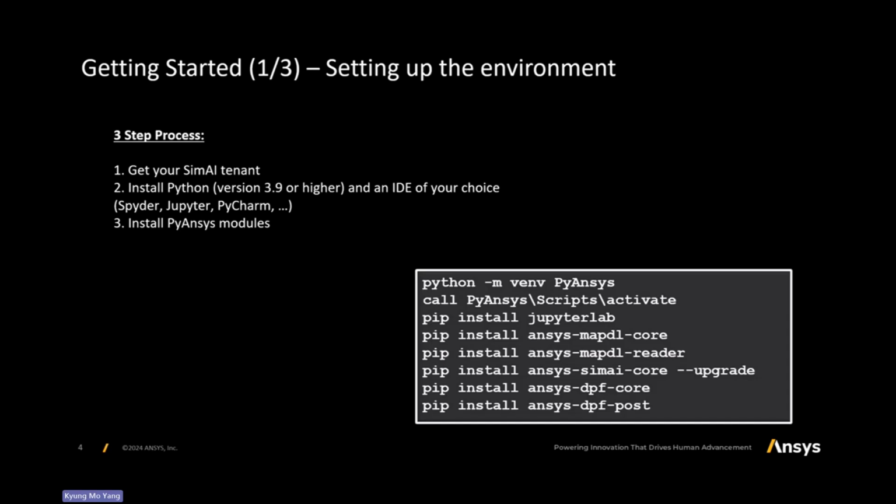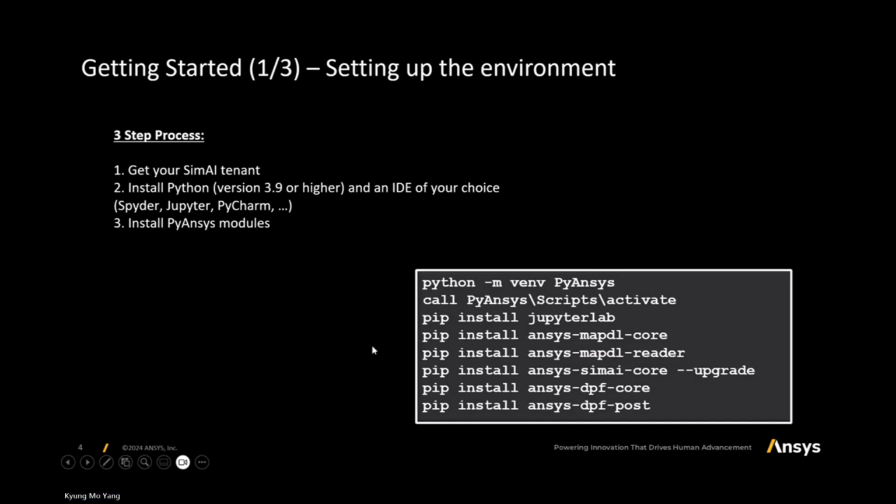Then, as with any other PyAnsys library, you have to install Python, recommended to be 3.9 or higher, and an IDE of your choice, be it PyCharm, Spyder, or anything else. You will also have to install the required PyAnsys module, which in our case is Ansys SimAI Core. We will use pip install ansys-simai-core with the upgrade flag to have the latest version of the SimAI library.